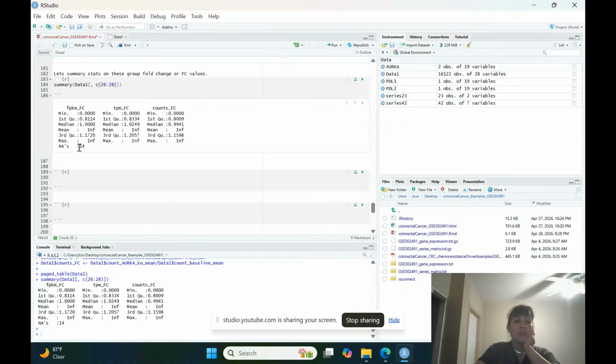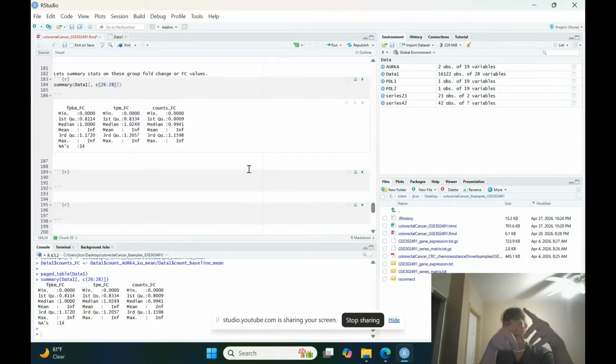So we have some NAs in that one, and we have some infinites. Infinites are just really when you take a very small number and divide it into something very large. That usually happens when you have a decimal like 1/100,000 divided by another decimal, or something even larger.